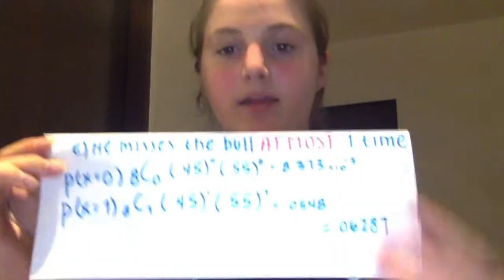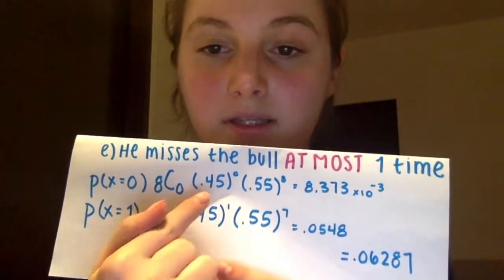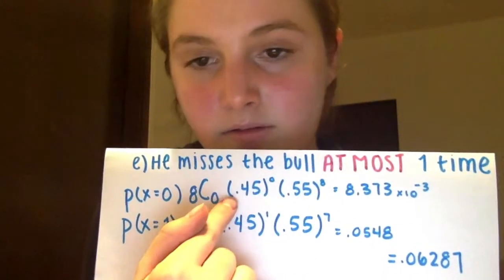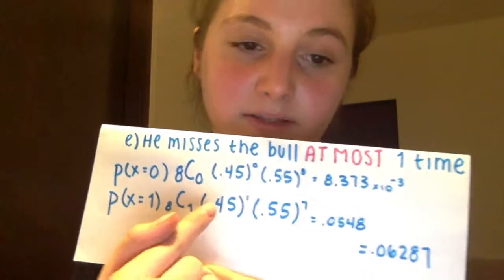So in this case you'll have to use the probability of missing, which is 0.45, and it will look like this. It's only changing whatever was in here. For example, these will become these. I don't know if I explained myself well, but it will give you the same answer.